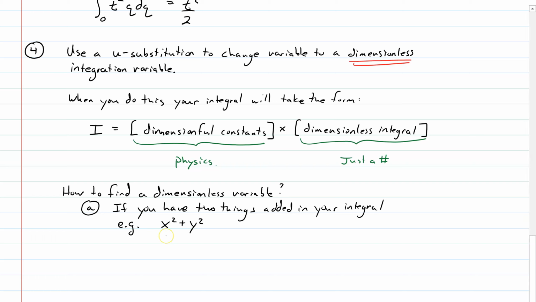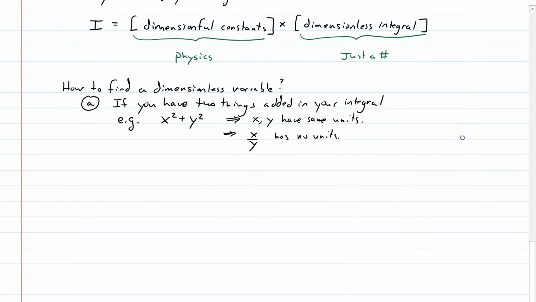So that means x and y have to have the same units. And that means that x over y has no units. So that's a good dimensionless variable.